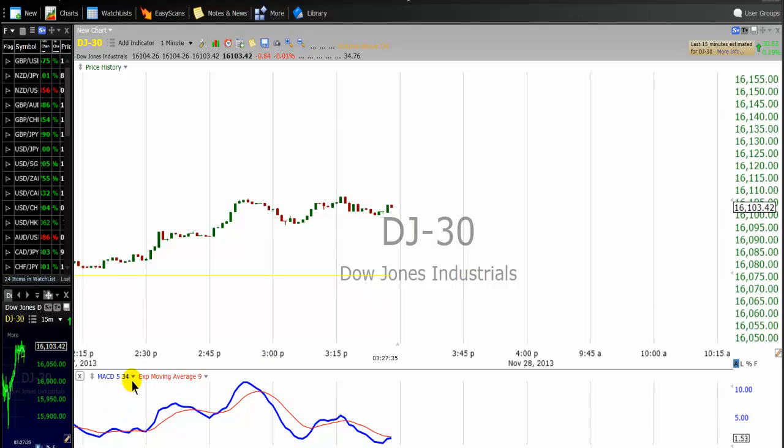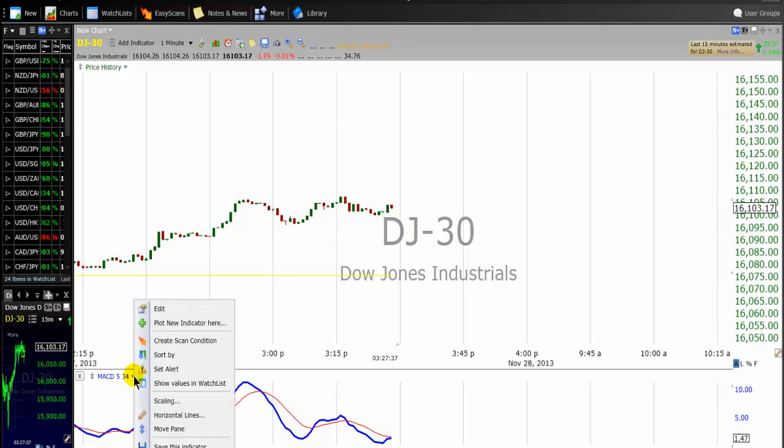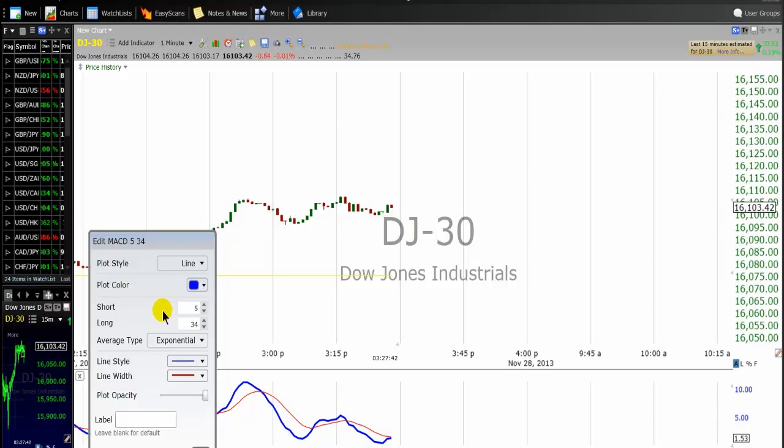What I'm going to do now is change the setting of MACD. As I explained, these algorithm trades are not taken by human beings. They are taken by computers. These are automatic signals and automatic trades executed by computers.